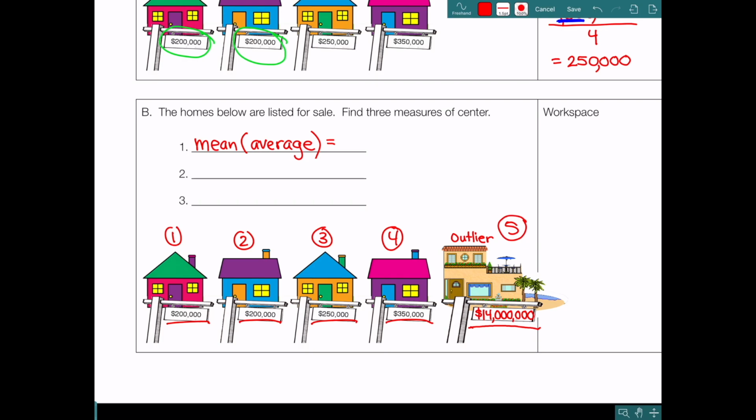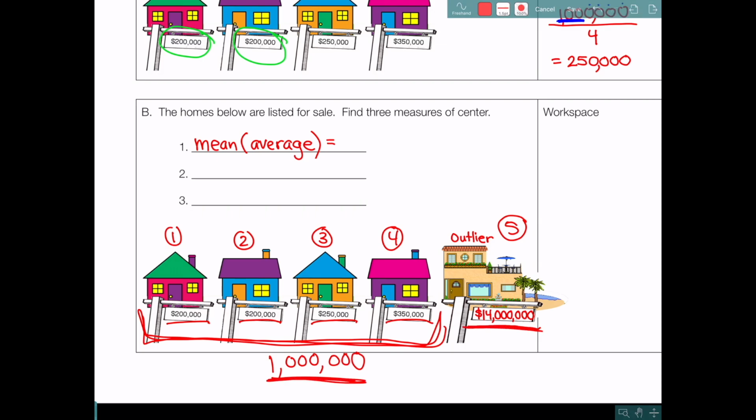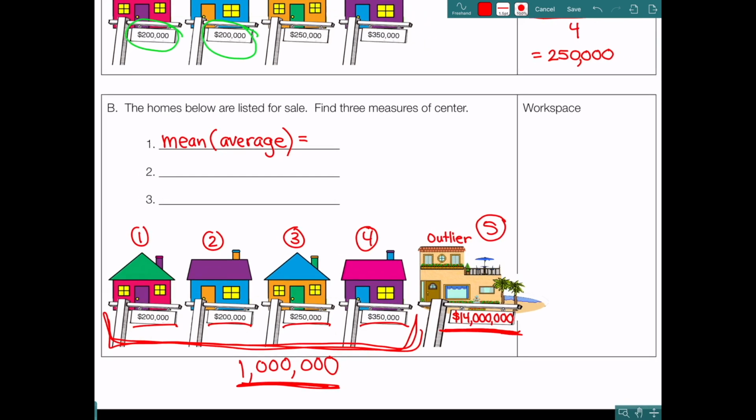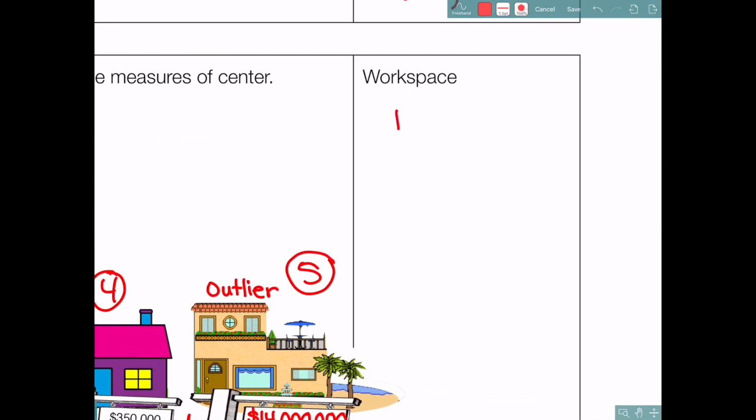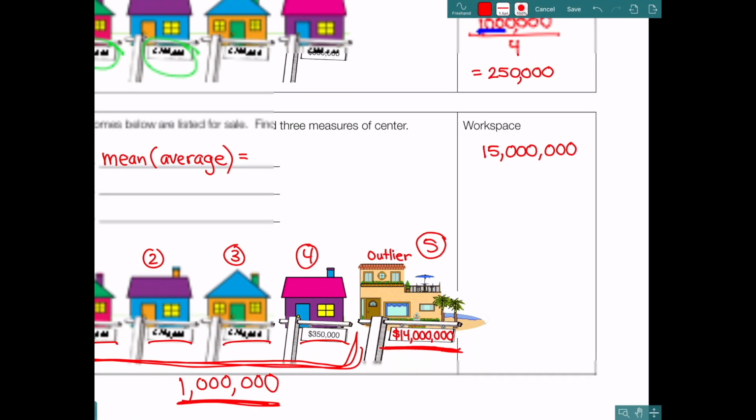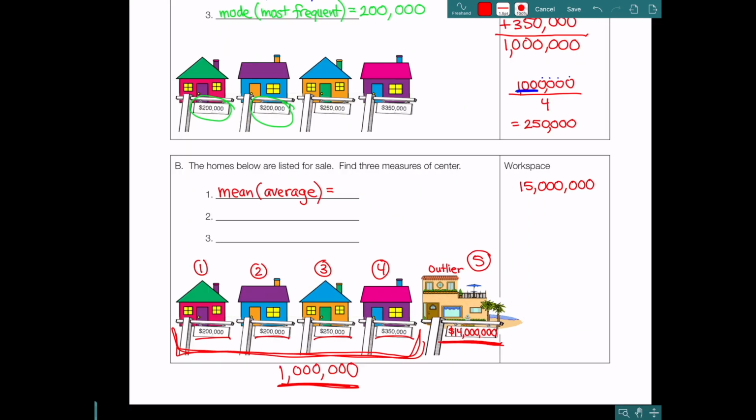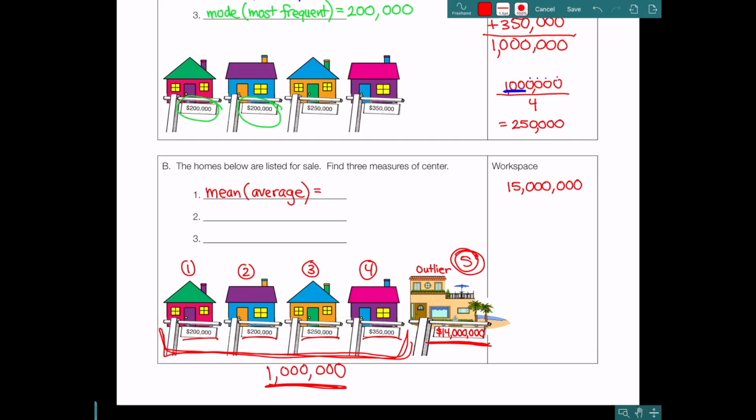So let's go ahead and add them all up. And to save some time, we already know the value of these 4 houses here. These added up to $1 million. So 1 million plus 14 million gives you 15 million. Go ahead and write it down. And this time, instead of dividing by 4, we have 5 houses.